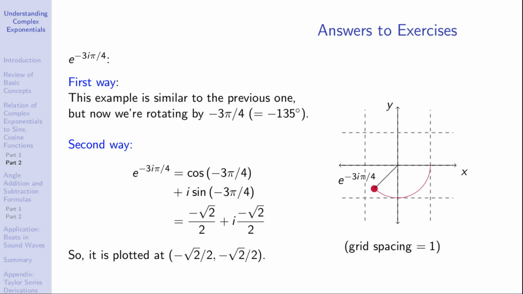Okay, and the second way? e to the minus 3I pi over 4 is equal to the cosine of minus 3 pi over 4 plus I times the sine of minus 3 pi over 4. And that's equal to minus the square root of 2 over 2 plus I times minus square root of 2 over 2. So our point is plotted at minus square root of 2 over 2, minus square root of 2 over 2.